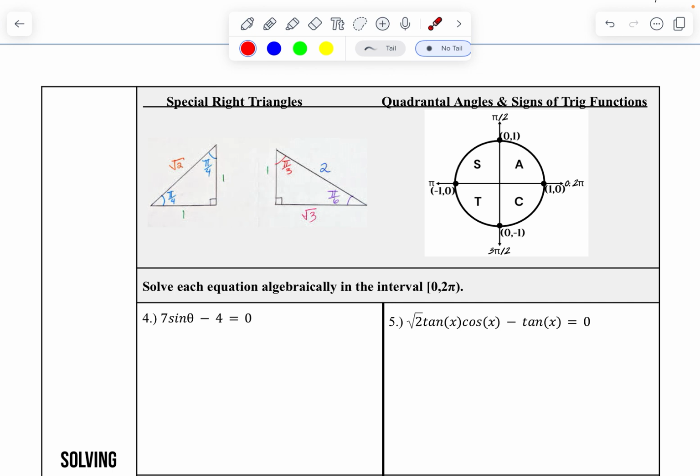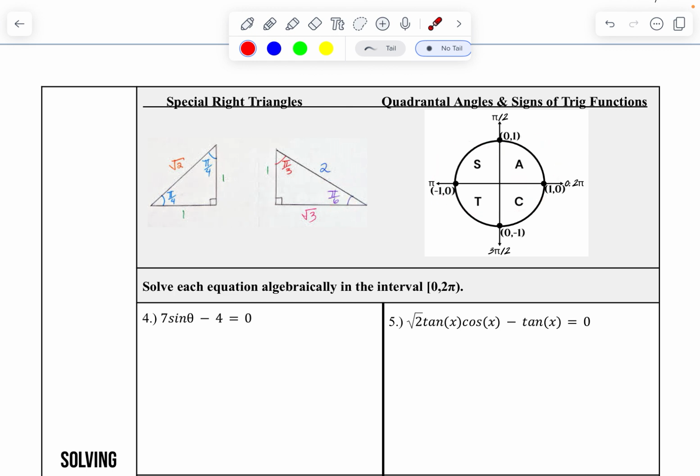It's 1, 1, square root of 2. For your 30, 60, 90 right triangle, your pi over 6, pi over 3, pi over 2, remember, it's 1, 2, square root of 3. Square root of 3 is your longer side, so it's across from the bigger angle, the 60-degree angle, which is pi over 3. 1 is the smaller side length, so it's across from the smaller angle, 30 degrees, pi over 6.